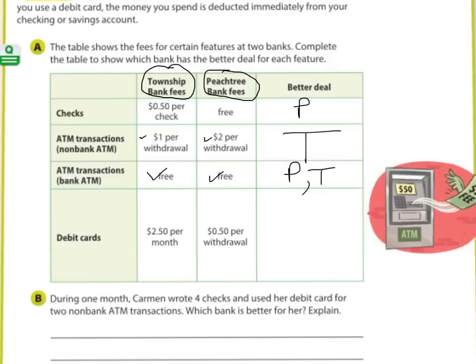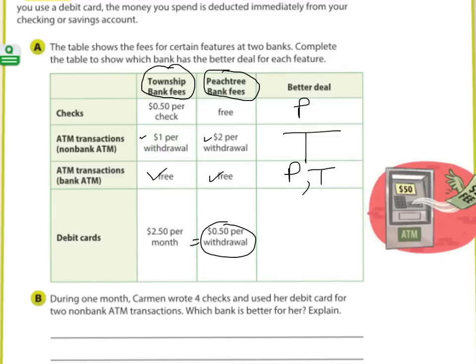I mean, which one are you going to be making a lot of withdrawals? Every time you use it, like at Walmart, or to get gasoline, or to pay something online, you're going to get charged 50 cents every time you use it, whereas at Township, it's just a flat $2.50 a month.